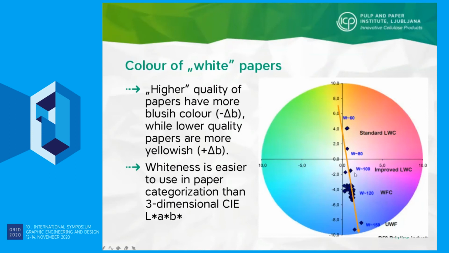And as we are going towards newspaper printing, the whiteness value is dropping, and also the b value is going from minus b to plus b very much. And our papers I will present are basically under 50 whiteness value. So I'm talking about papers which are on the edge of this trail.